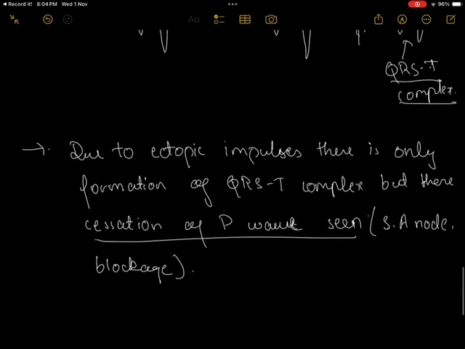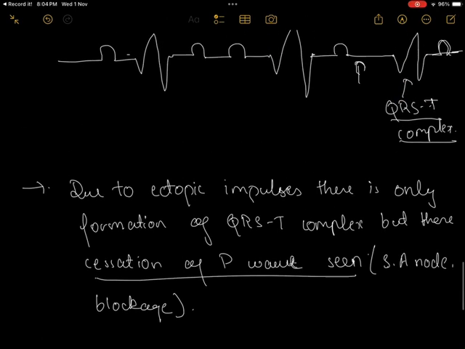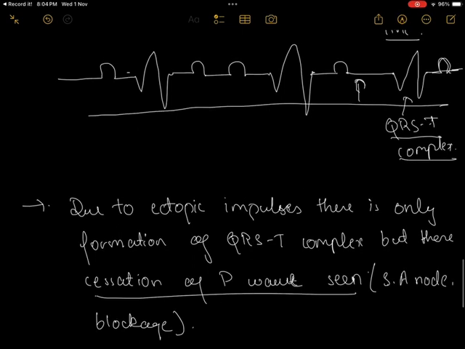So as I have explained, in terms of ECG pattern, due to the ectopic impulses which are generated from any other part of the heart, the ventricle takes advantage of those ectopic impulses and starts contracting itself, rather than being dependent on atrial contraction.